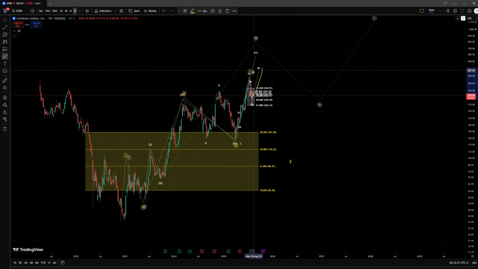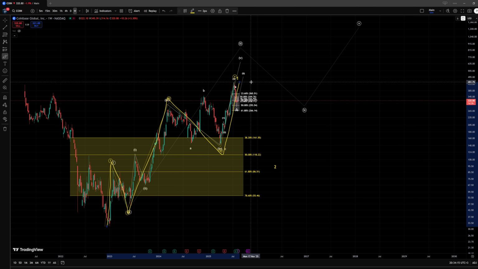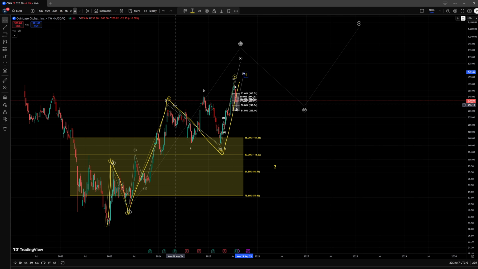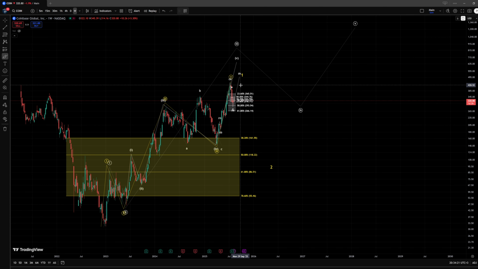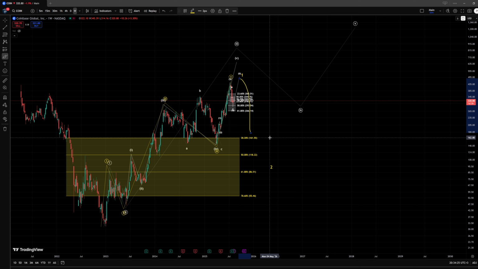The yellow scenario says that we actually completed a 5-wave move, 1, 2, 3, 4, 5, in a wave 1, in a leading diagonal most likely, and then we are looking for direct downside into the yellow support zone between $161.6 down to around $55.5.